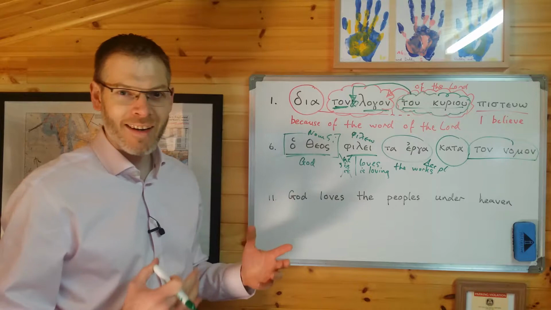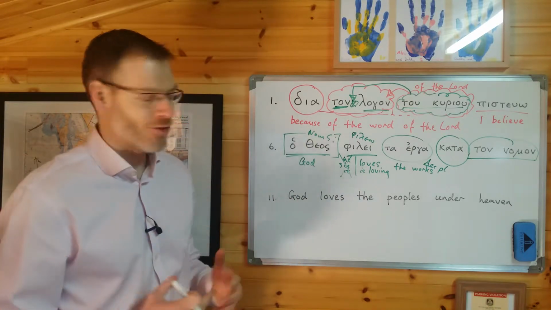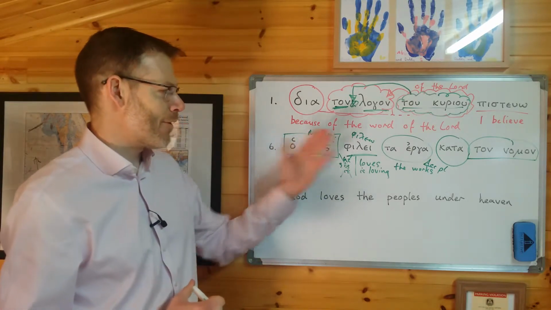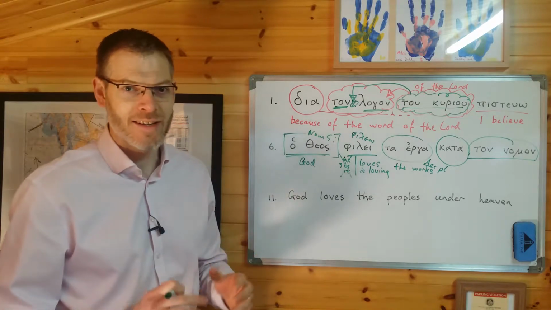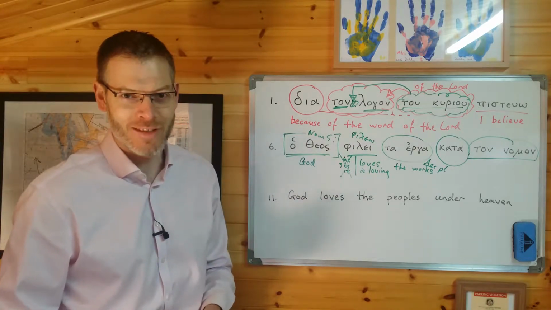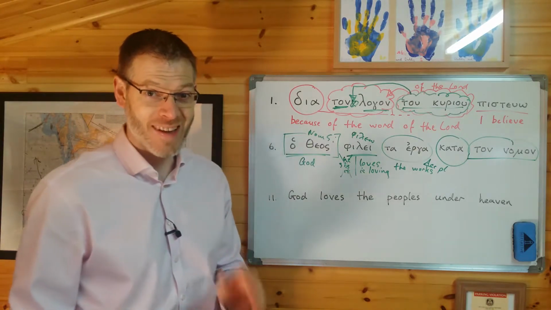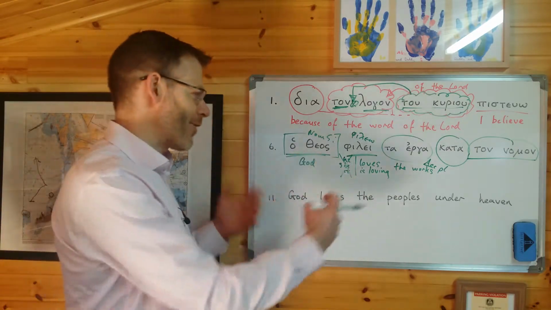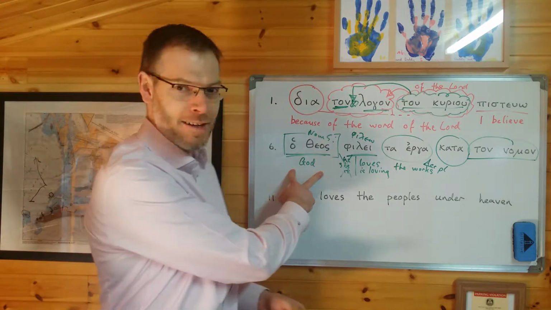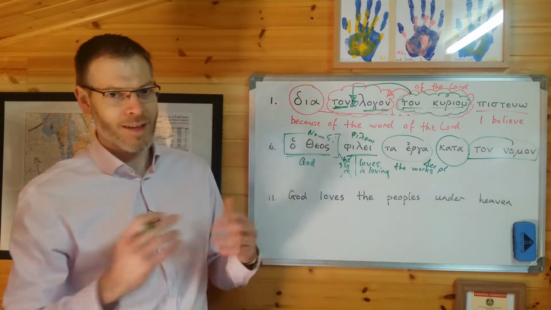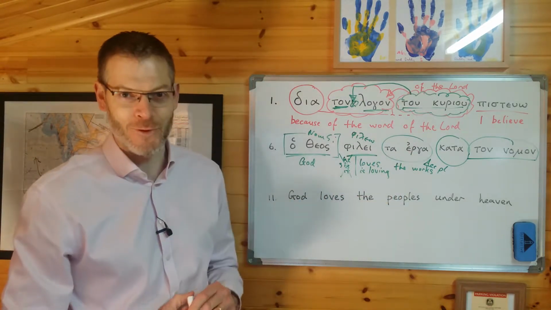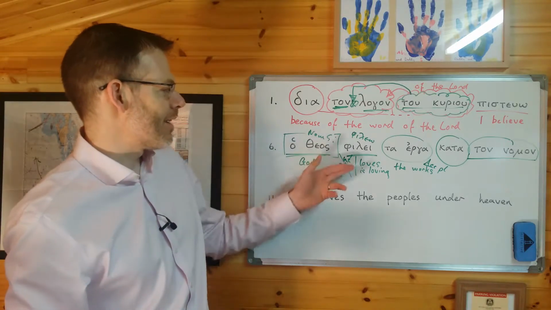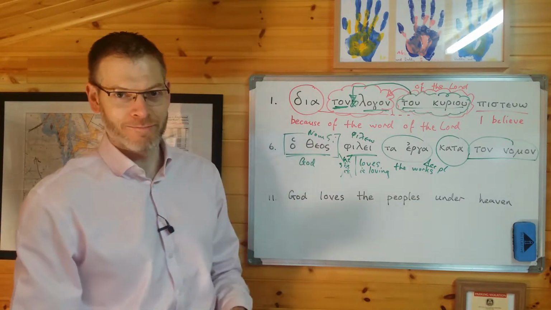It's more likely on average, just in general, that the subject will come before the object. Not always the case. Please don't go taking that as a definite rule and say Steve Jeffrey says the subject always comes first. It doesn't. But on balance, given the weight of all the other evidence suggesting that this has to be the subject, making that the object is just another piece of reinforcing evidence. So God loves or is loving the works.